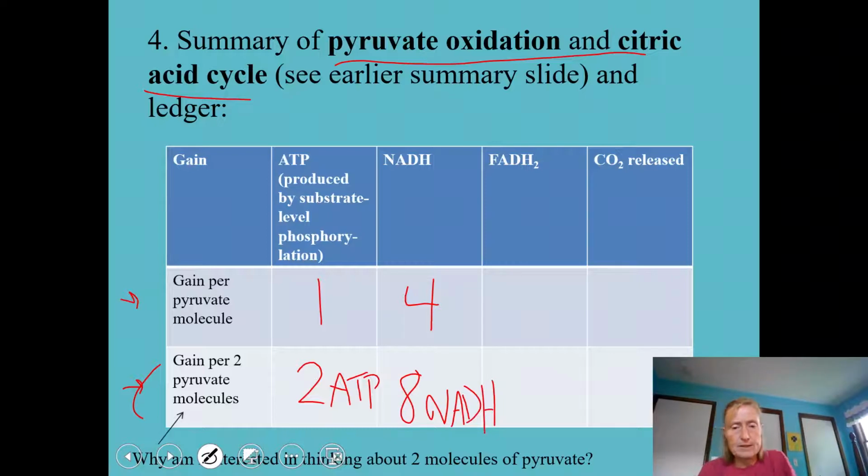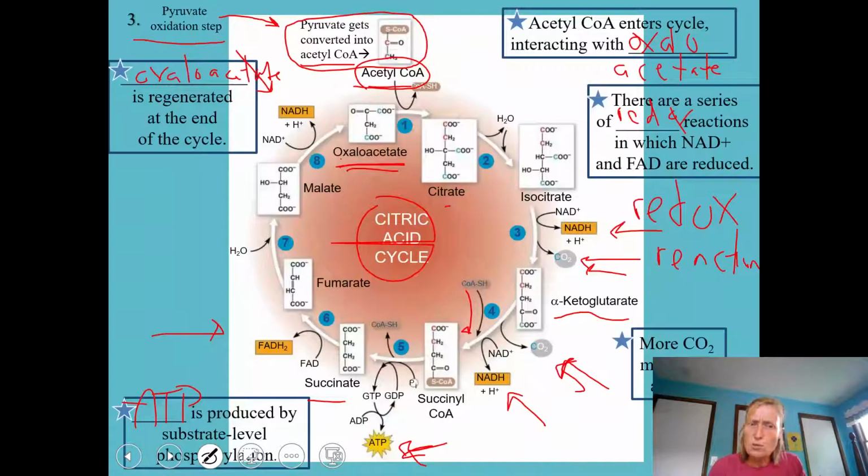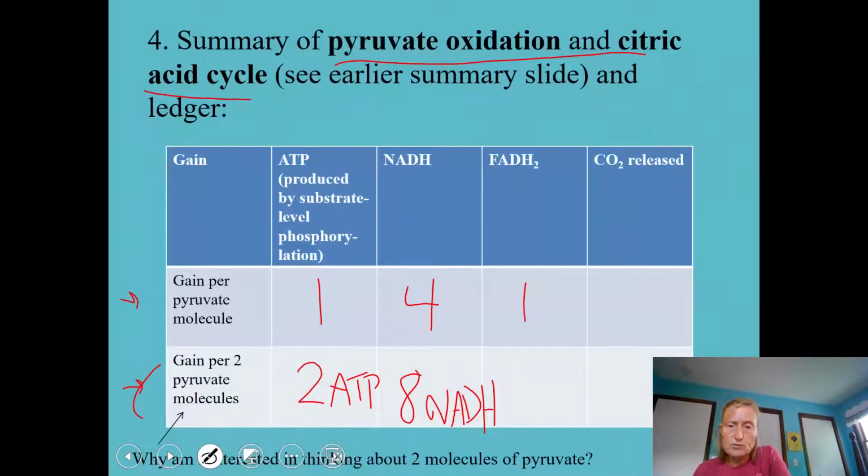Those are those high-energy electron shuttlers. FADH2, I only saw that once. We made 1 molecule of it per pyruvate, or 2 molecules of FADH2 if we're following 2 pyruvates.